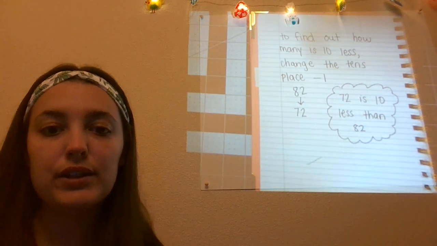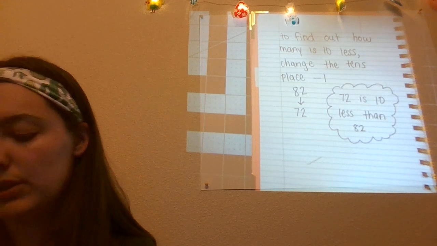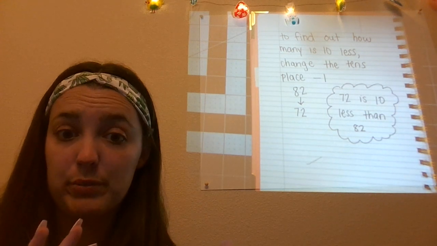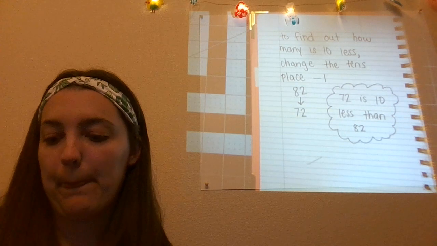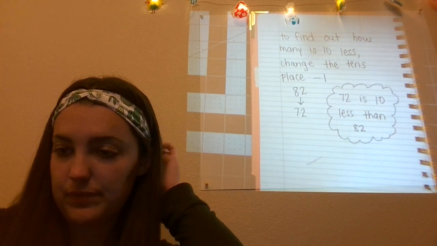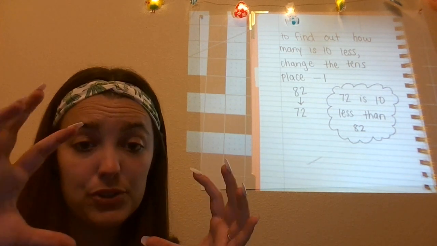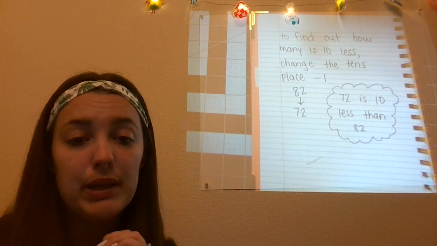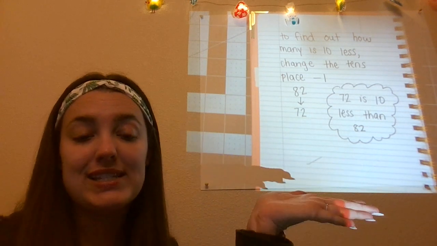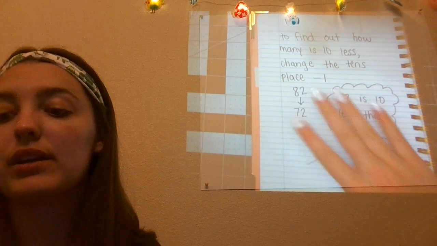Again, pause the video if you need to. I'm going to go back over this information really quickly because I know I just gave you a bunch of new information. So again, the goal of today is to look at a number. I'm going to give you a 2-digit number, and you should be able to tell me how much is 10 more than that number and how much is 10 less than that number.